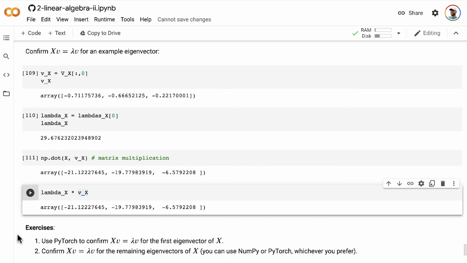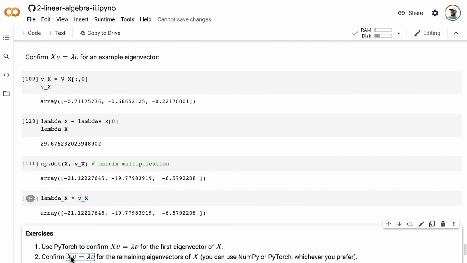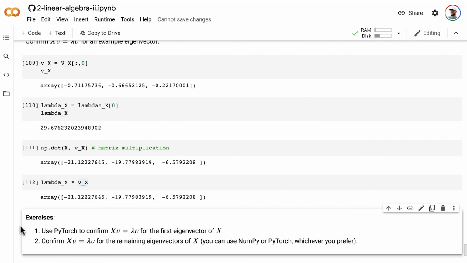We've followed all of the prerequisites within this notebook in the last few minutes to perform these exercises, and you know what the right answers should come out to, certainly for the first eigenvector, and hopefully it's relatively plug and play to get the answers for the second and third eigenvector and confirm this equation for those as well. So we're not going to work through the solutions to these exercises.